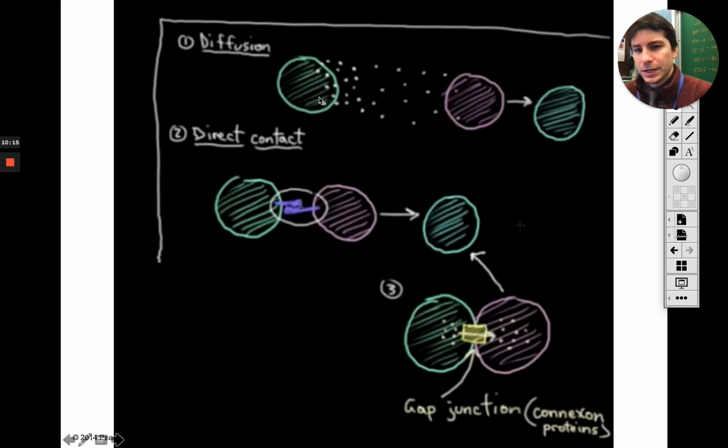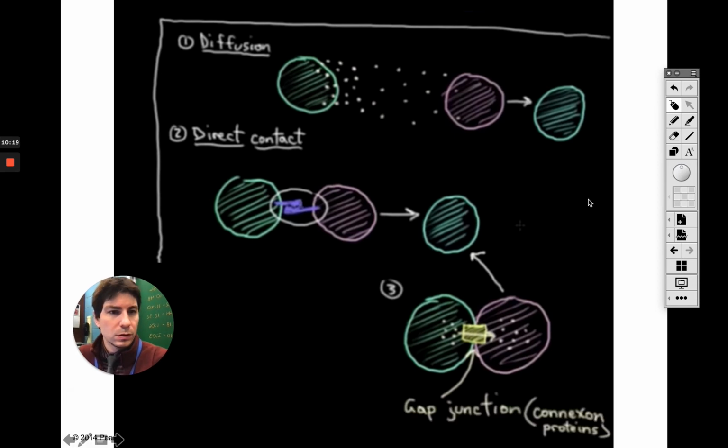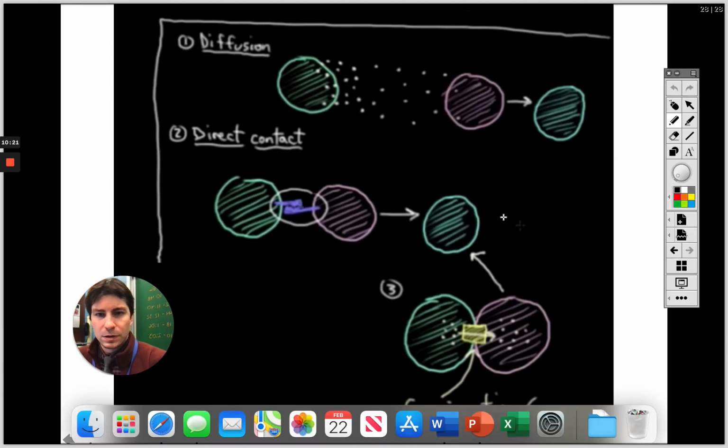Here's diffusion up here. So in diffusion, we have our cytoplasmic determinants right here in that area and over here. But what they're doing is they are coming out of this cell and they are diffusing over to another cell in close proximity, right?